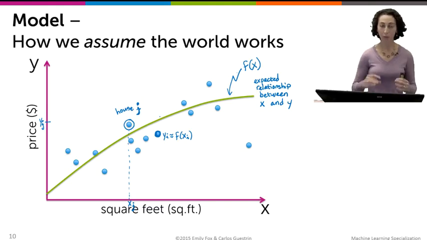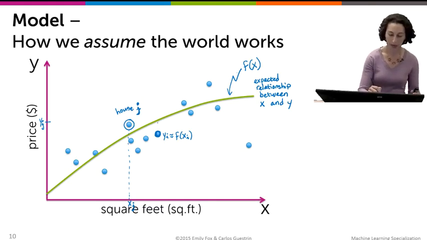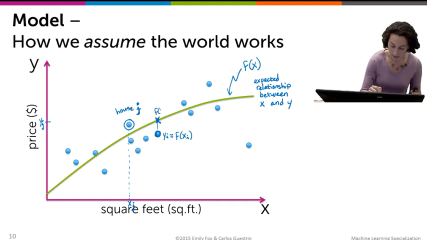So our model is just what we're using as our belief about the relationship for prediction, but it's not 100% accurate. There's some error. So just to be clear, this point here, this x, is exactly f of xi. It's the function evaluated at some xi value.